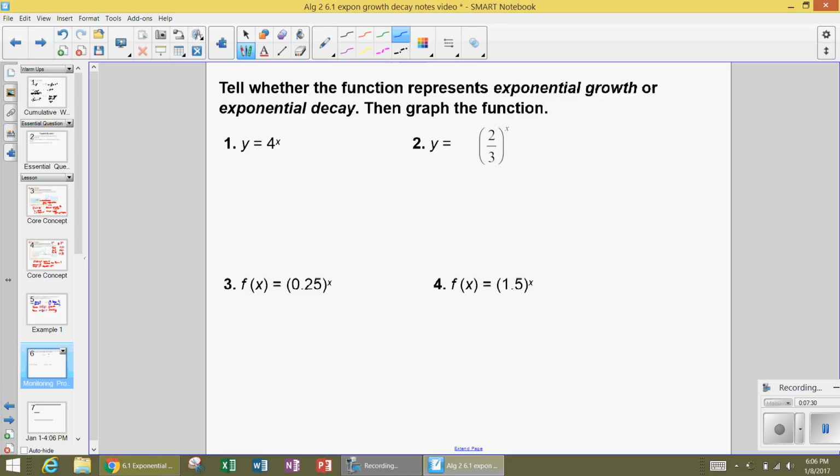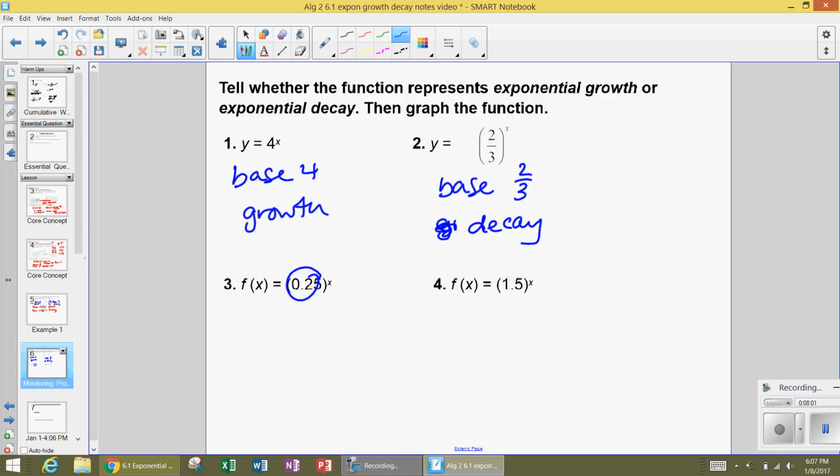Okay, our next slide: tell whether the function represents exponential growth or exponential decay. Please pause the video, try these on your own, and come back and check. Okay, number 1, the base is 4, so that is growth. Number 2, the base is 2/3, so that is going to be decay because it's smaller than 1.